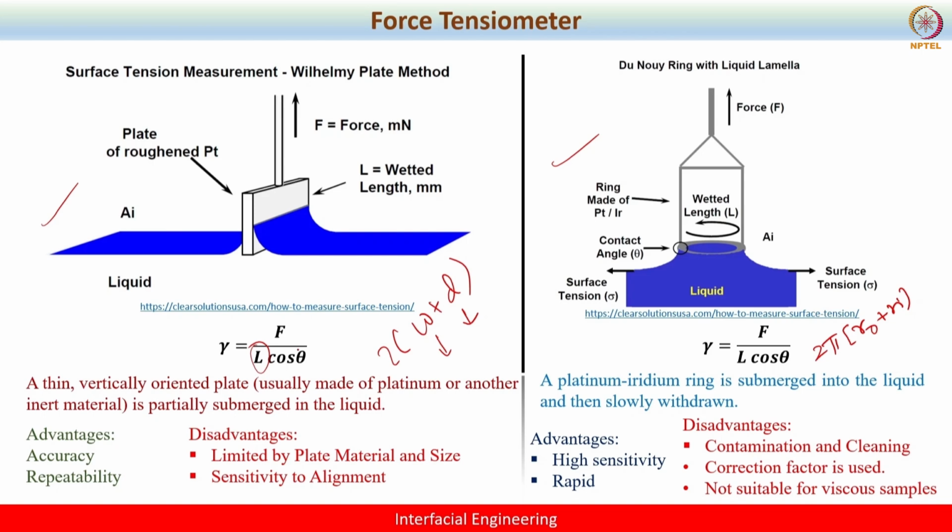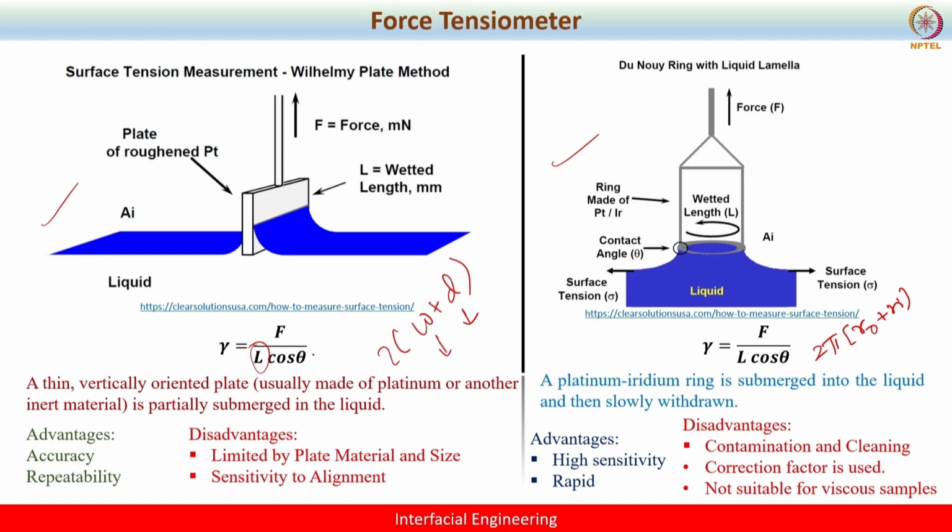Because we quite often use platinum metal or a special metal alloy to deal with theta, the contact angle, because contact angle is also a variable. When we use platinum or the special alloyed metal, the theta that it establishes with the water is usually 0.